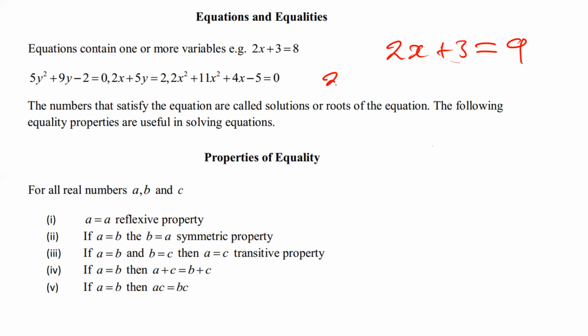So I have 2x plus 3 plus negative 3. Since I have added negative 3 on the left, I'm also supposed to do the same on the right. This part gives us a 0, so we remain with 2x, and this is equal to 9 minus 3, which gives us 6.